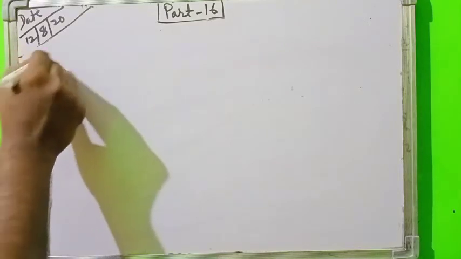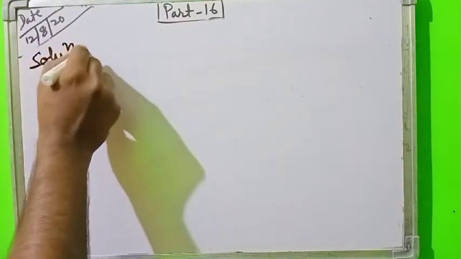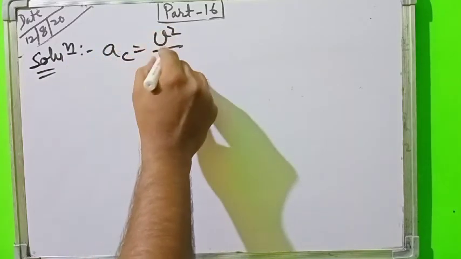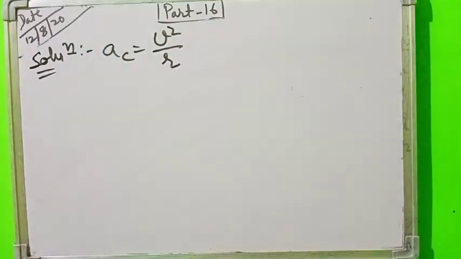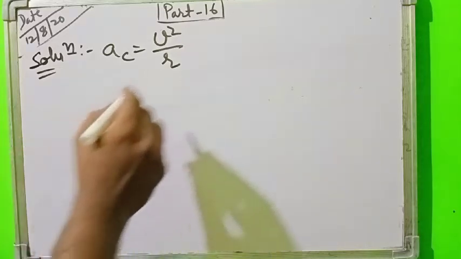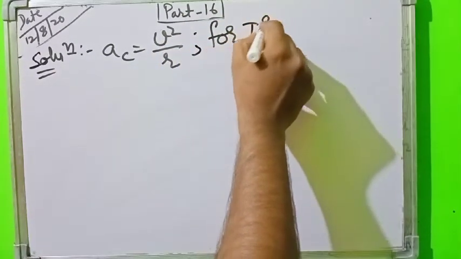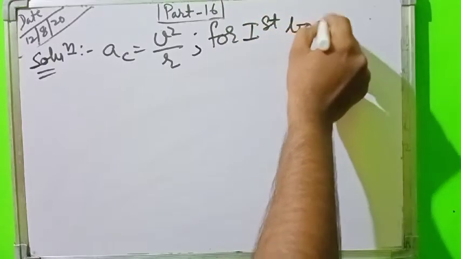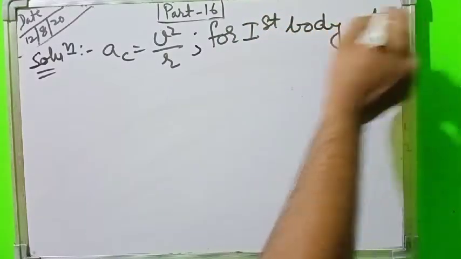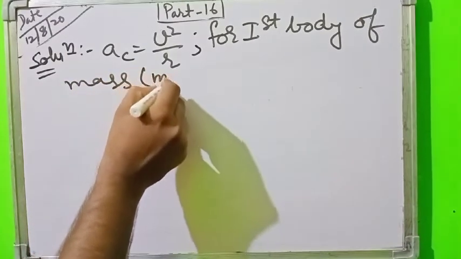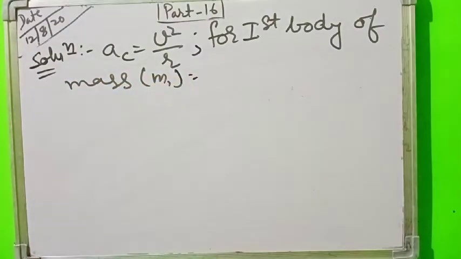Solution to this question. As we know, centripetal acceleration is equal to v square upon r. So for the first body of mass m1, what is the value of centripetal acceleration?